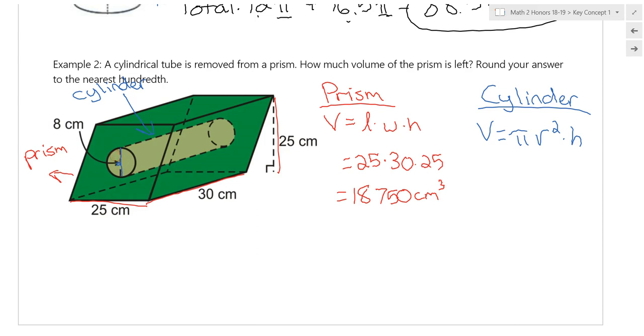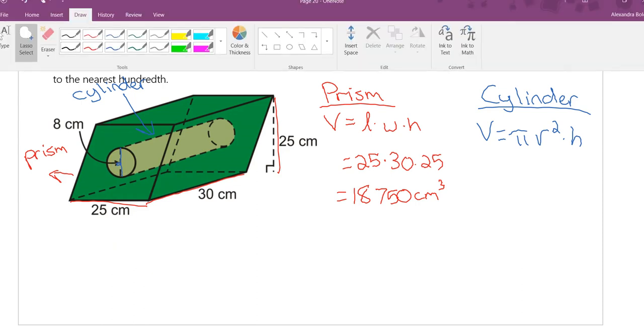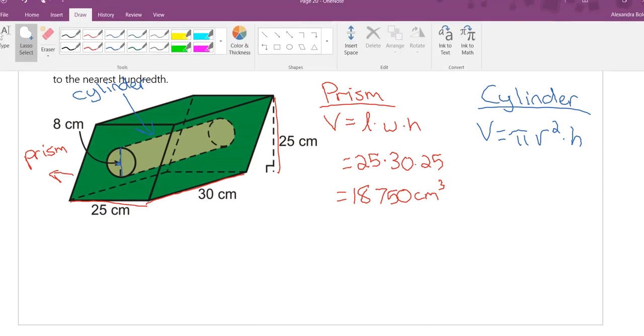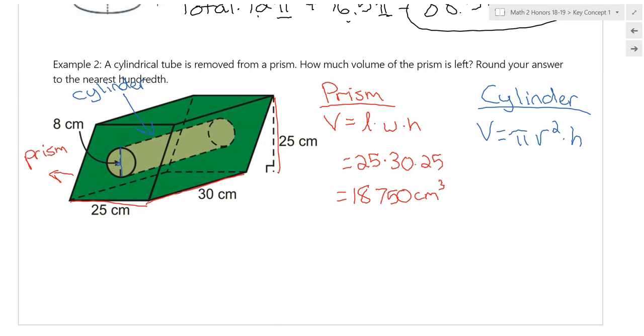So for my radius, we're only looking at half of that, which is 4. So I have pi times 4 squared times our height.